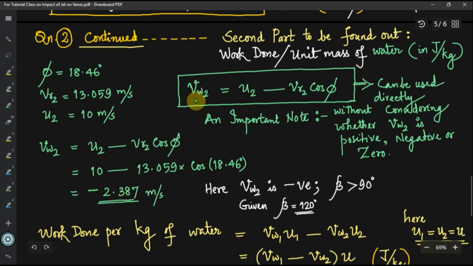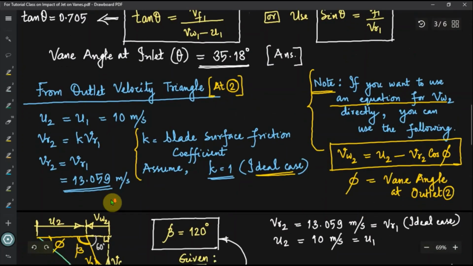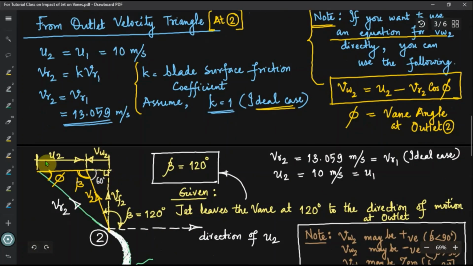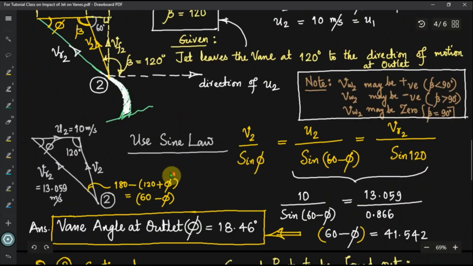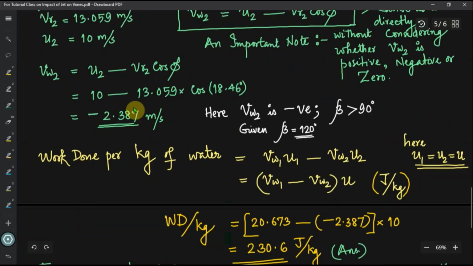Even though we obtained this equation in the case of a velocity triangle at outlet when angle beta is acute, this can be used in our present case also where beta is obtuse. So VW2 here is minus 2.387 meter per second. It is negative because VW2 is opposite to the direction of U2. This happens when beta is greater than 90 or when U2 is less than VR2 cos phi.